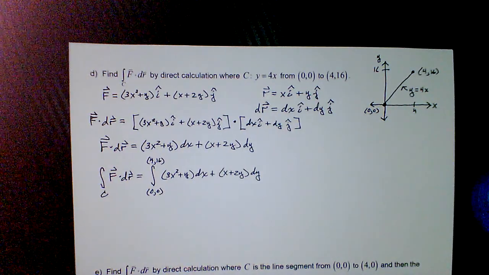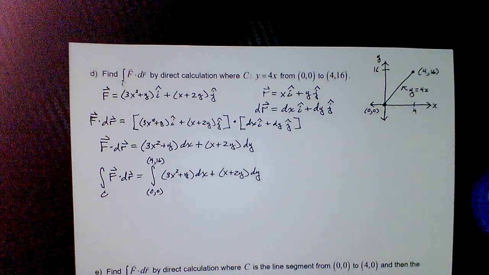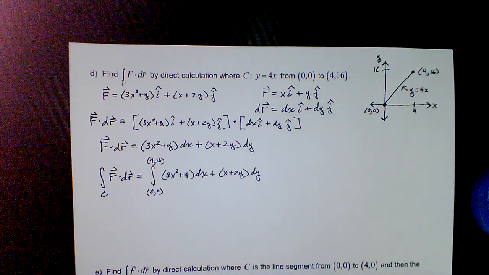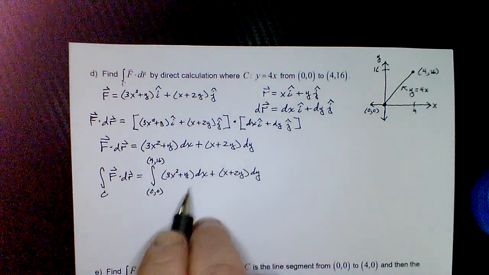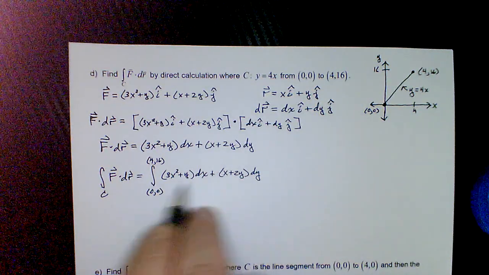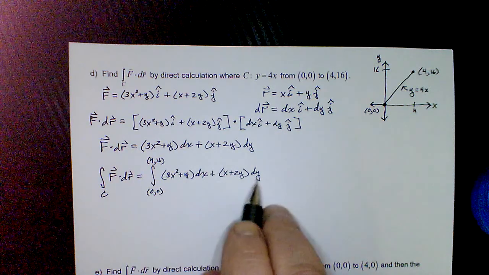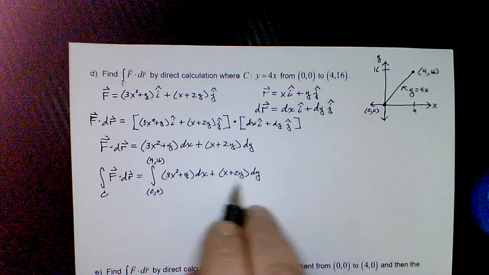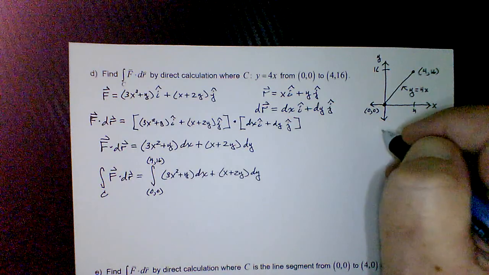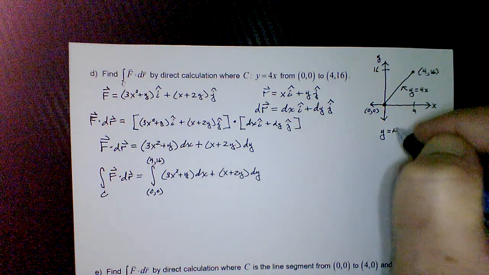And at that point, anything that belongs with dx, we need to get in terms of x, and anything that belongs with dy, we need to get in terms of y. So we have that y equals 4x, so we can make that substitution.